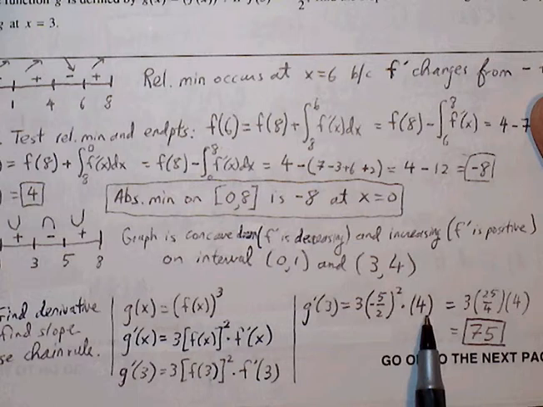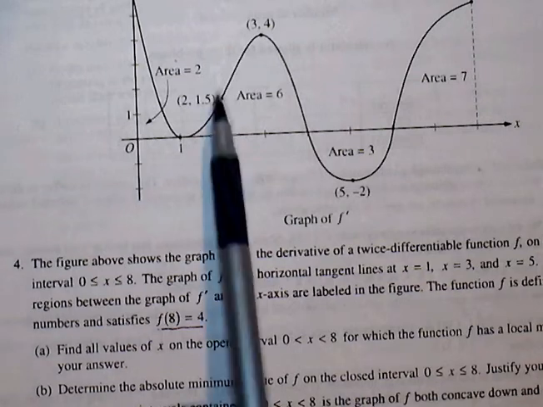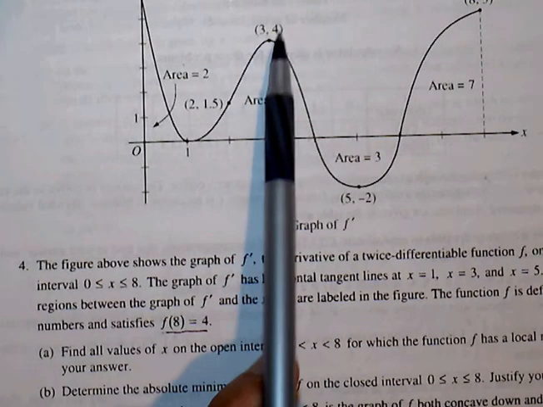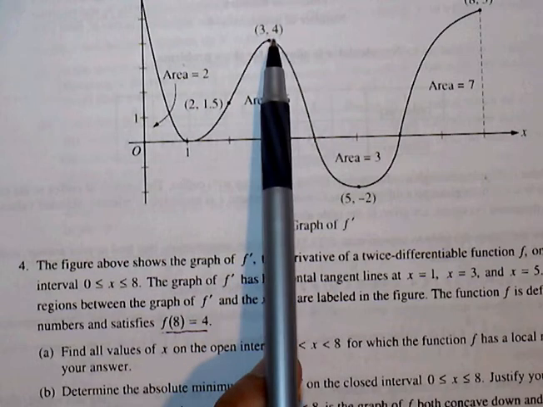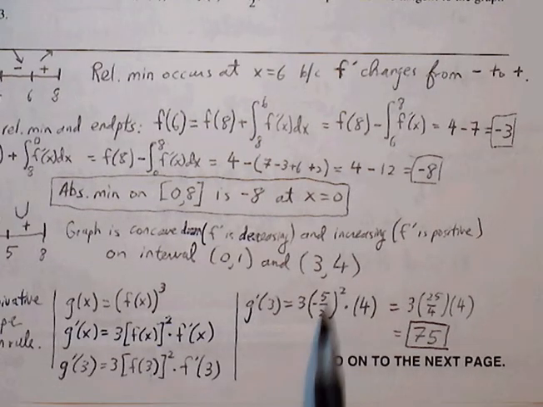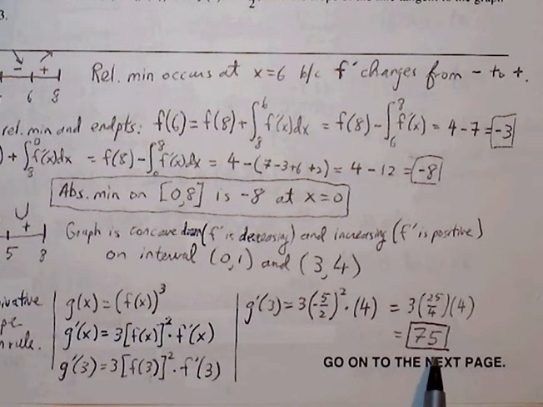So f prime of 3 is equal to 4. Remember, we're looking at the derivative graph, so f prime of 3 is the ordered pair 3, 4. So once we have that, we can just plug all that in and multiply this together, we get 25 over 4. 3 times 25 is 75, and the 4's will cancel out, so we get g prime of 3 is equal to 75.